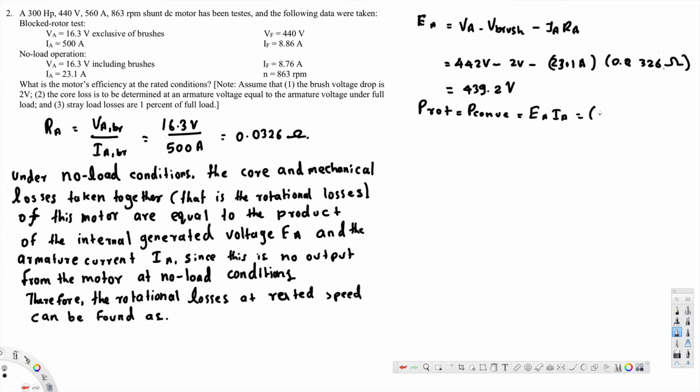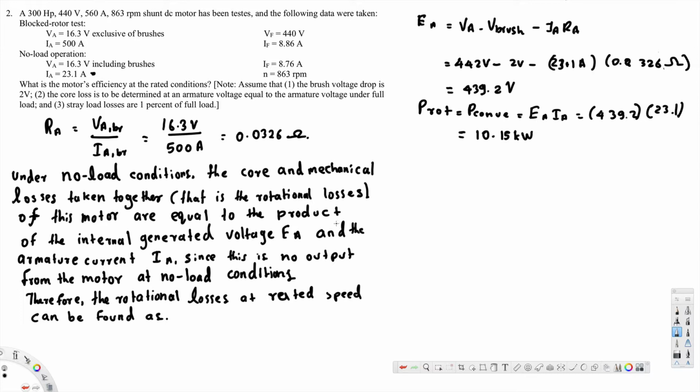EA is 439.2, and IA is 23.1, and that gives us 10.15 kilowatts.